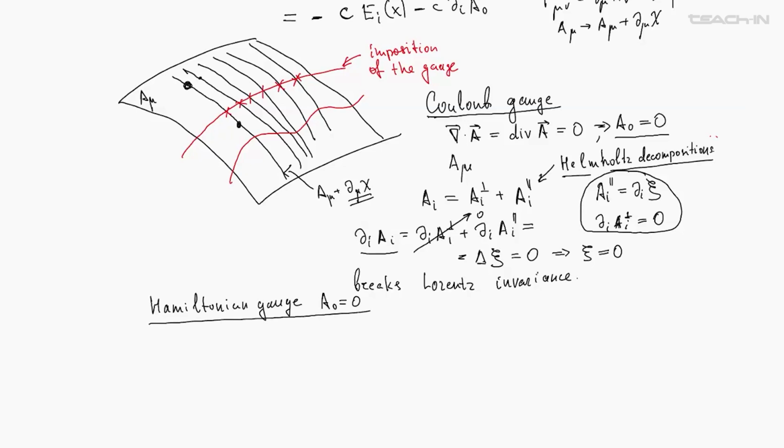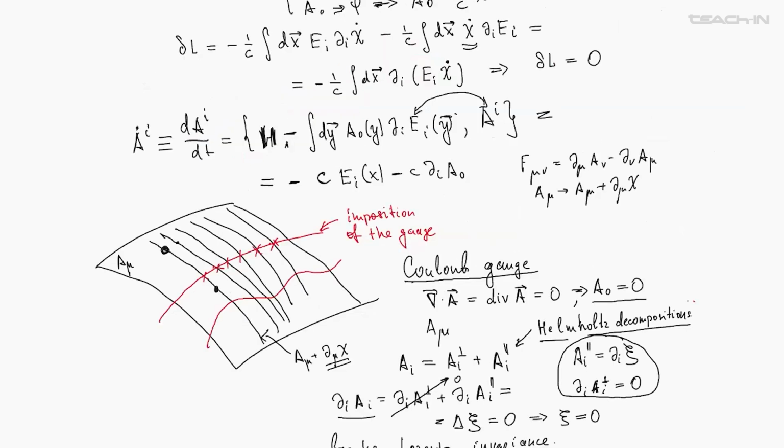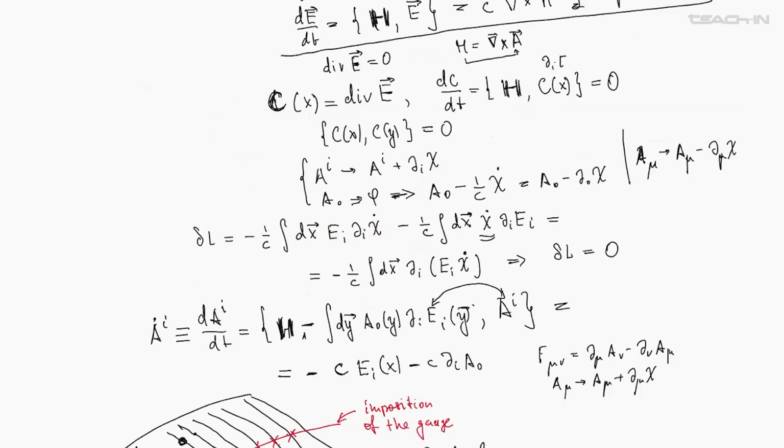However, this gauge is not complete, because you are still left with time-independent functions which preserve the gauge condition. Indeed, if we look at the gauge transformations and put A0 equal to 0, we see how A0 transforms: it transforms with a chi dot.